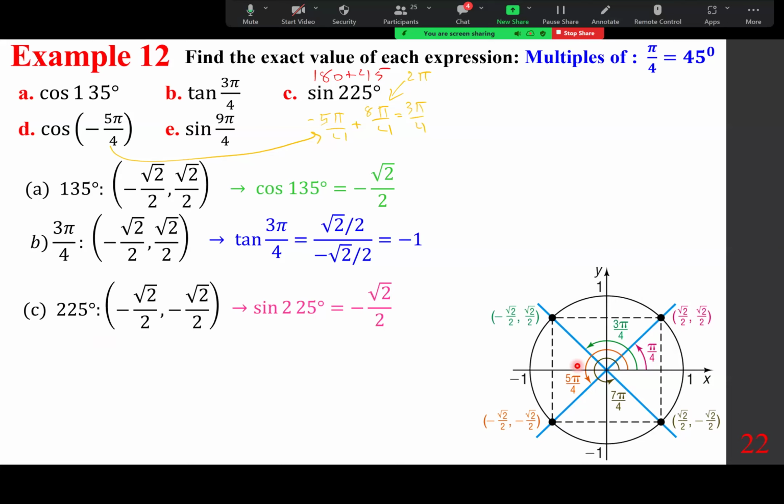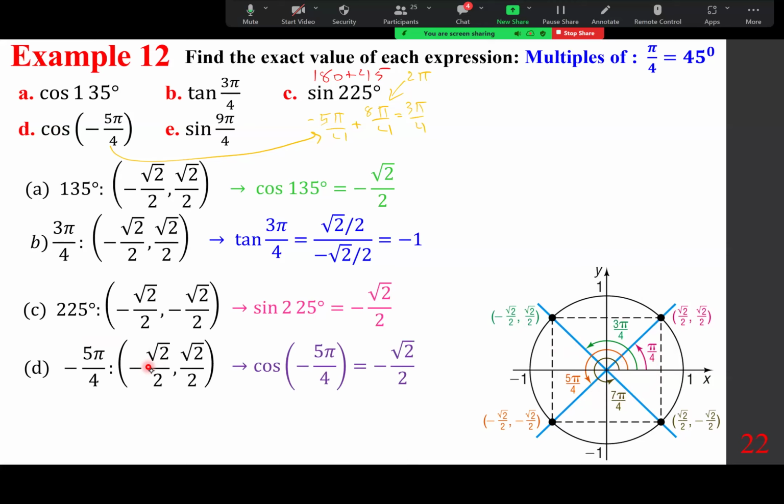So going this way in a negative direction, negative 5 pi over 4 is the same as going in the positive direction, 3 pi over 4. And it gives us this pair. And so what do we want? Cosine is associated with the x, minus square root of 2 over 2.